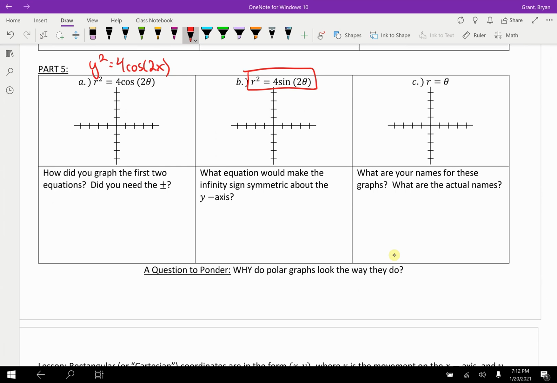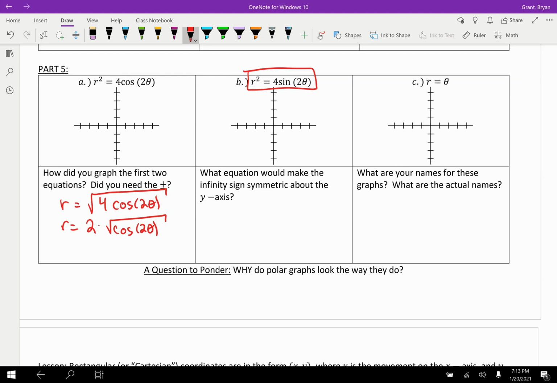And most calculators don't like to graph an equation unless it's in the form of y equals. So how do you get it in the form of y equals? Well, of course, you take the square root. You say r equals the square root of 4 cosine of 2 theta. And if you wanted to simplify further, you could say it's 2 times the square root of cosine of 2 theta.